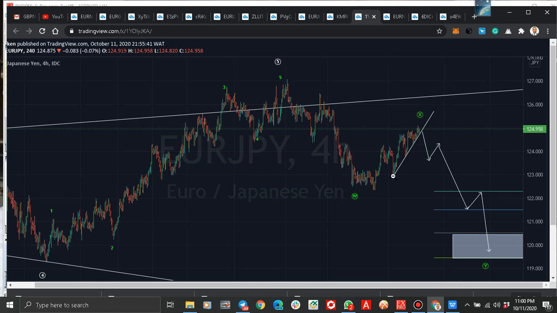Why I drew this line is that if this line breaks, then I will watch out for a sell setup. But if it keeps going up, it might still come up around the area. But I believe that W is over, and X is developing.